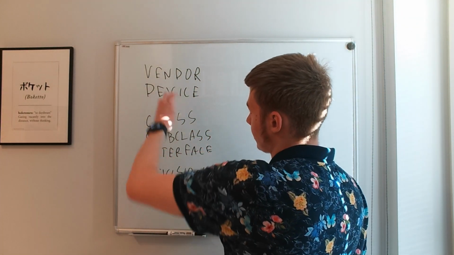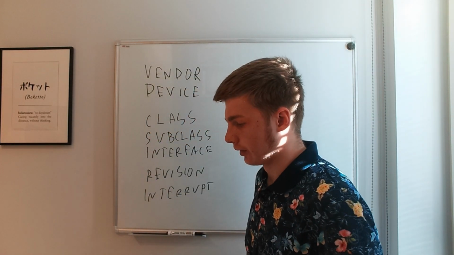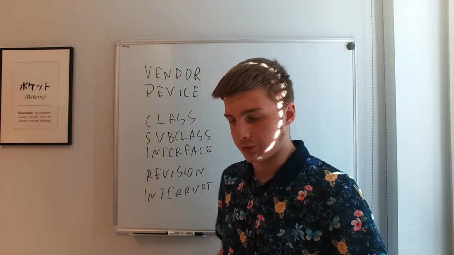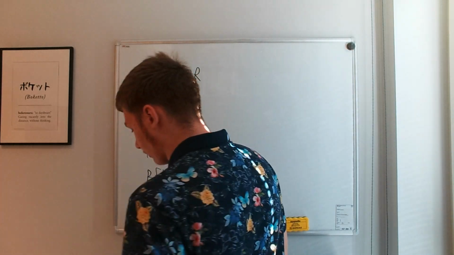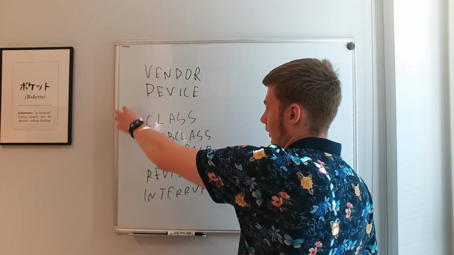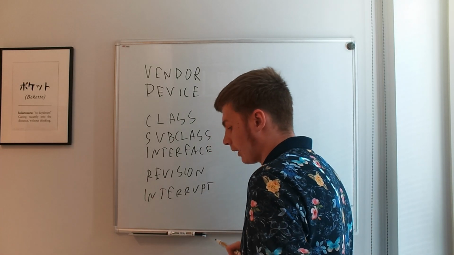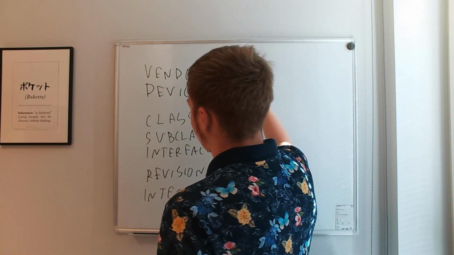So once you've made such a struct, you can make a function such as get device descriptor, right? And it can take a bus and a device as well as a function, just as parameters. And then it should read from the PCI bus into 32-bit values from the following register offsets.